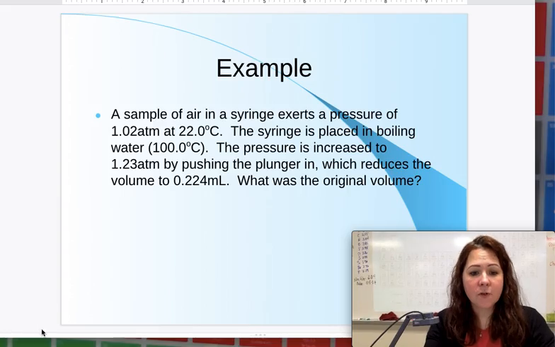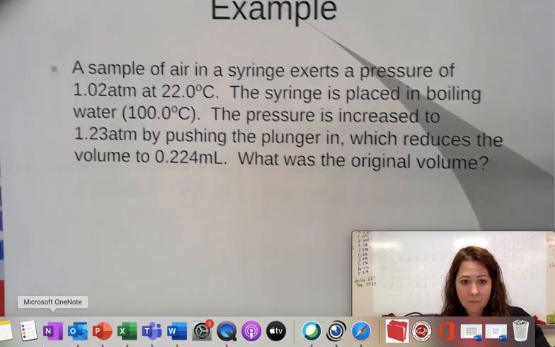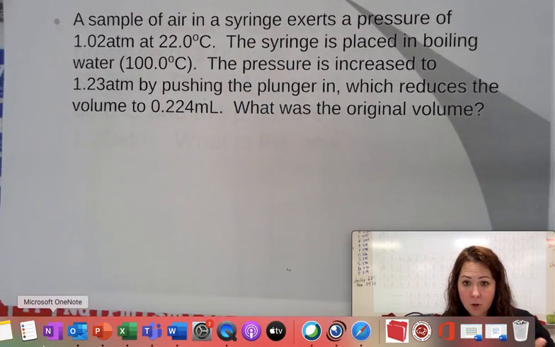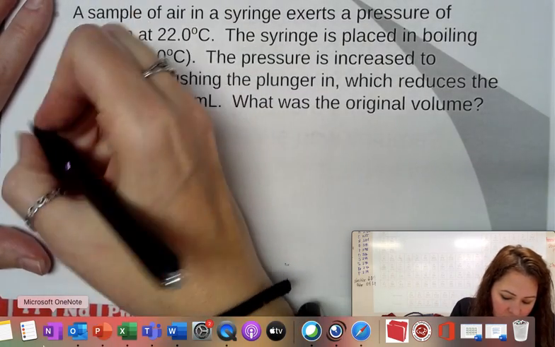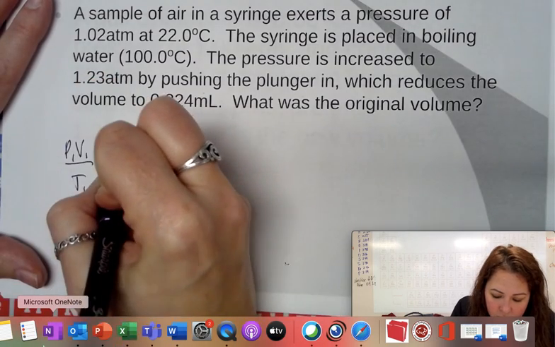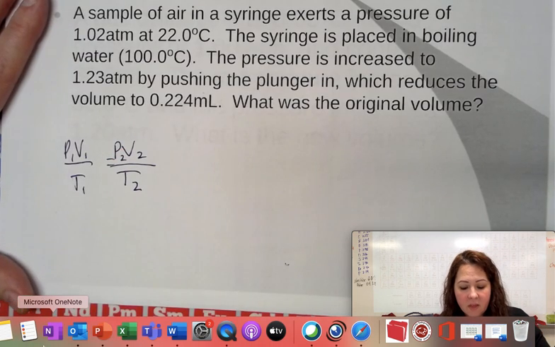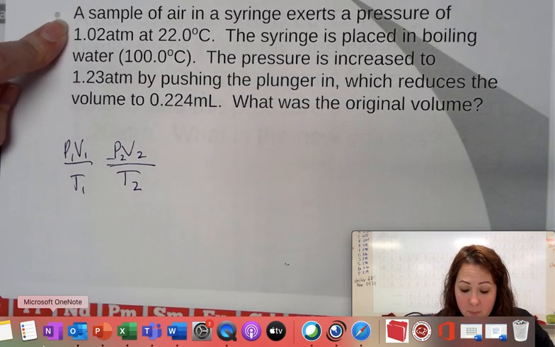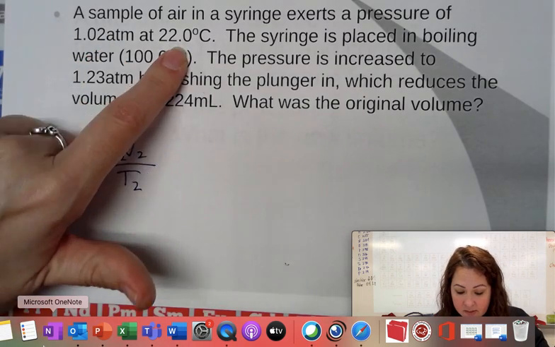So I'm going to switch over to my document camera, and we're going to do the math here. These example problems are the same ones that are in your notes, but we have P1 times V1 over T1 is equal to P2 times V2 over T2. The question says a sample of air in a syringe exerts a pressure of 1.02 atm at 22 degrees Celsius.